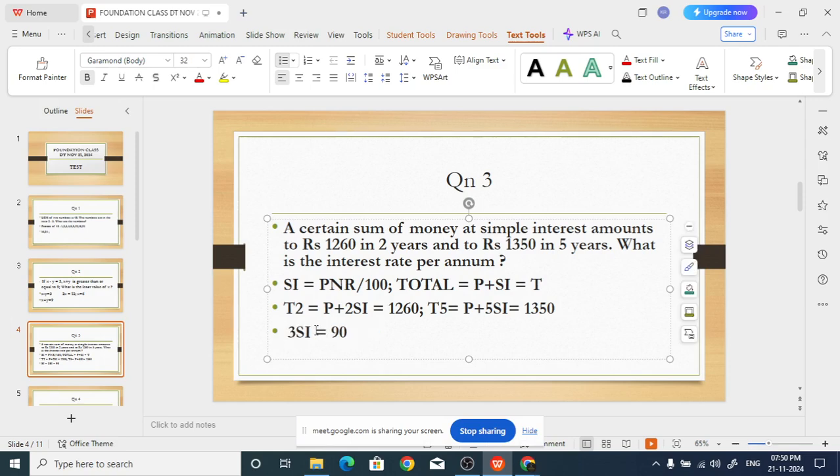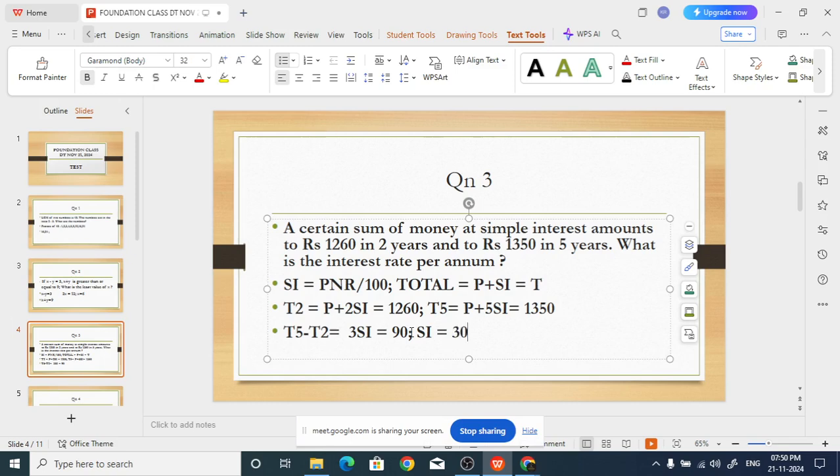Yes. That is T5 minus T2 is equal to 3 SI, 90. So 1 SI is equal to how much? 630, sir. No, 3 SI equal to 90. 1 SI equal to 30, sir.